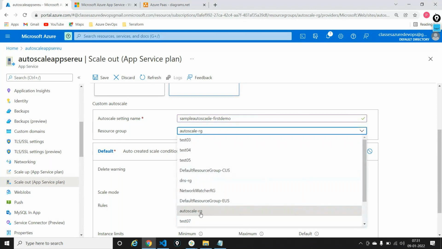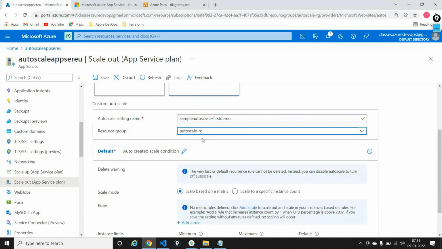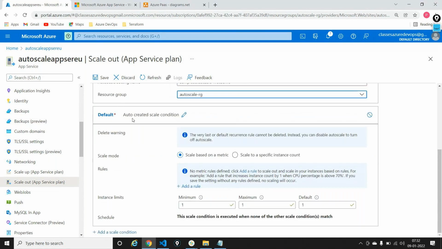You can select from a number of resource groups also. Then it asks what the autoscaling condition is, what exact scenario you have. I'll say, yes, I want to scale based on a metric. What do you mean by a metric? Let's come down and add rules here.